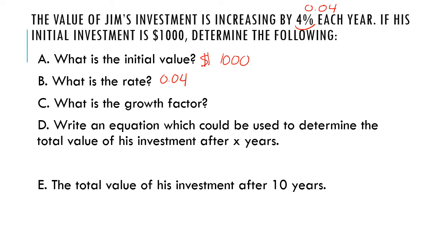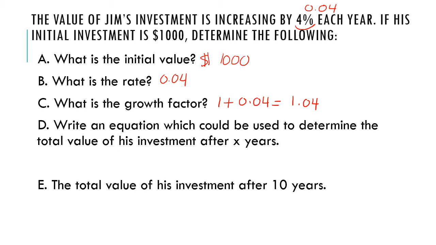What is the growth factor? We know that the growth factor when we have a growth rate is 1 plus r, or in this case 1 plus 0.04, which equals 1.04.